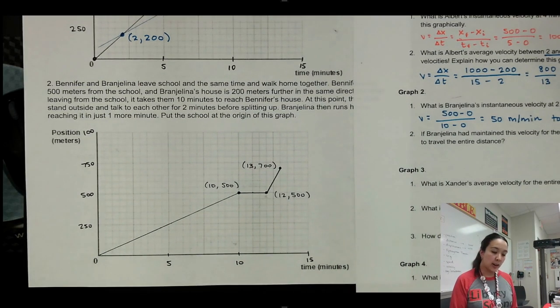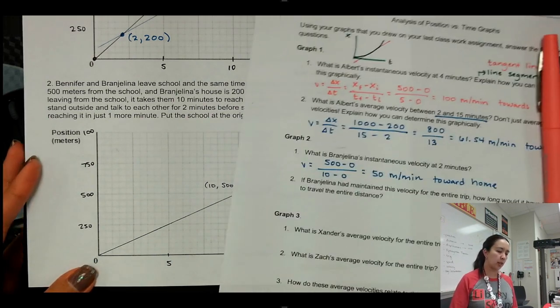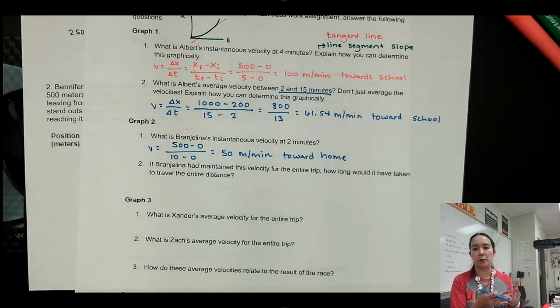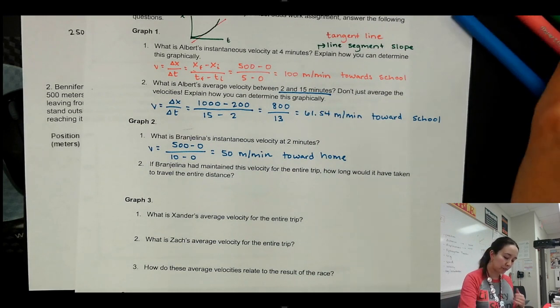So, our next question says, if Brangelina had maintained this velocity for the entire trip, how long would it have taken to travel the entire distance? There's a couple of ways that we could do that. Let's look at the equation way first. When we're solving physics problems, we like to collect all of our information together, right? I want to list my givens and my unknowns.